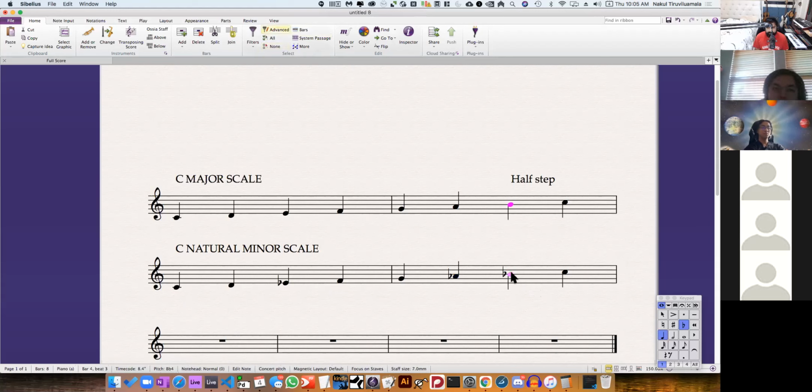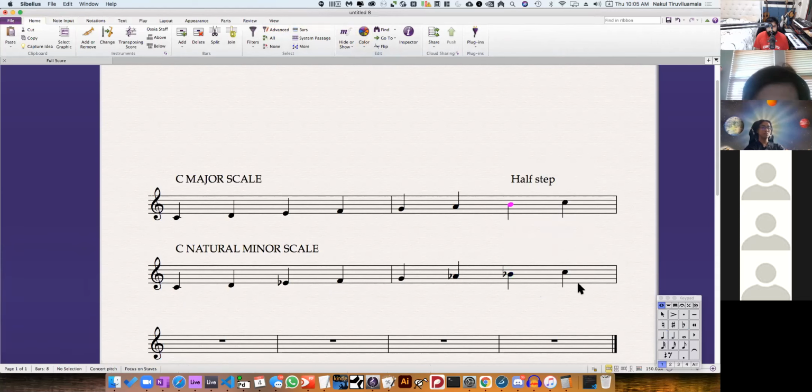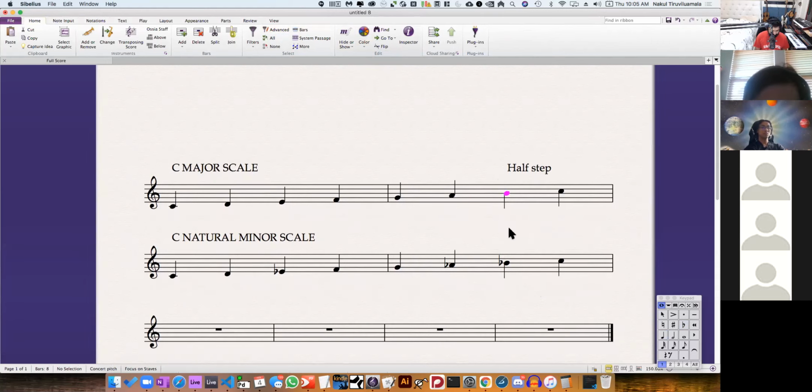Now, what you'll notice here is that I'm going to uncolor this, I'm going to make it black. This note right here is the leading tone. And from here to here is a half step, okay?